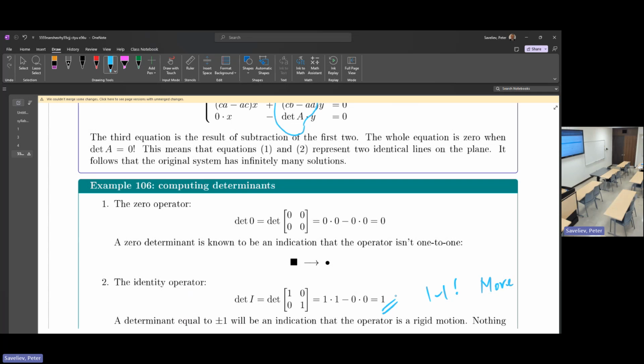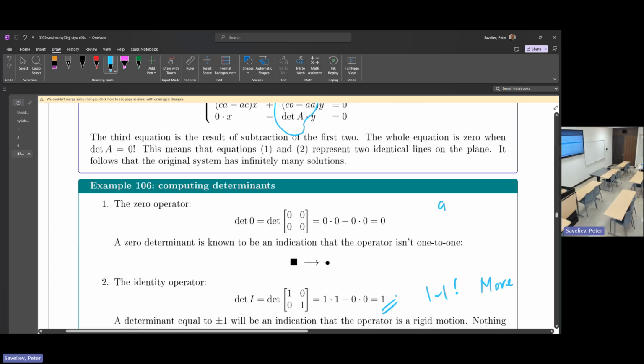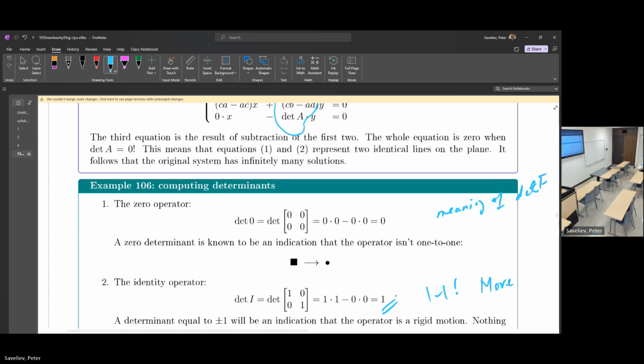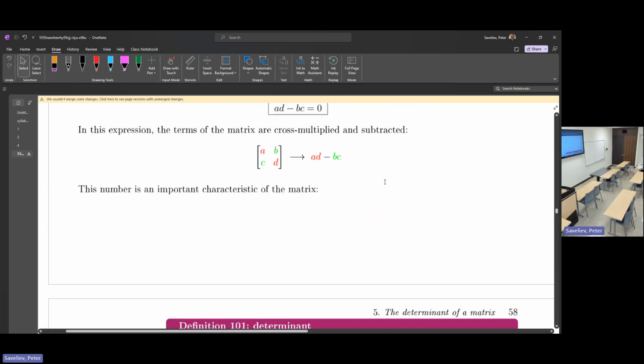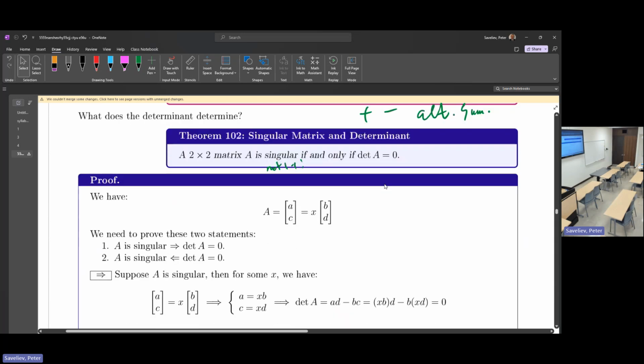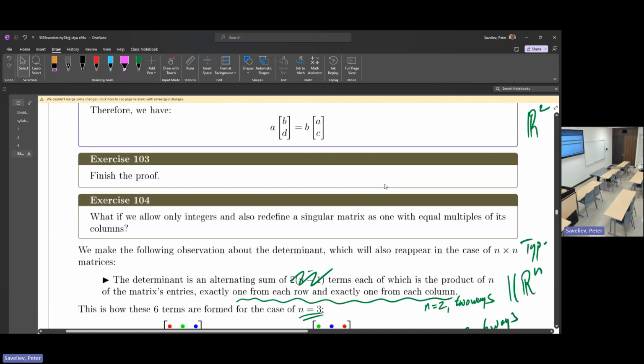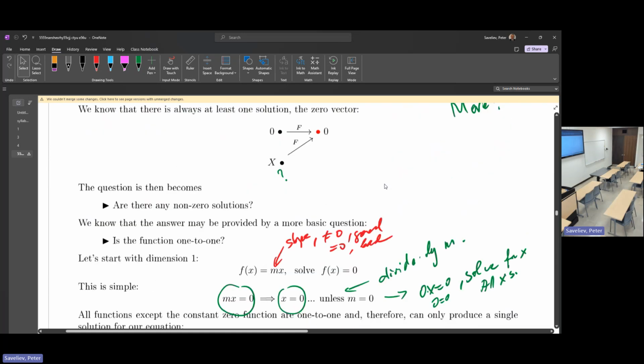The determinant actually still has a geometric meaning we can guess, and we could guess it by projecting back to dimension 1. If we go back to dimension 1, what is the meaning of m in terms of transformation?